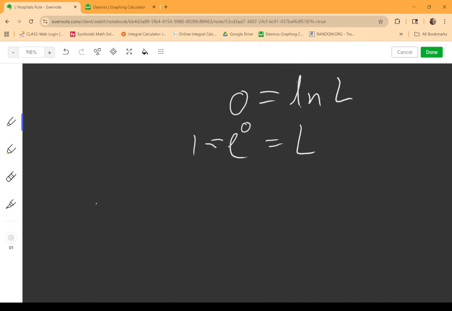Which means that, going back to the original limit that we started with, the limit as x approaches 0 of x to the sine of x is in fact equal to 1.